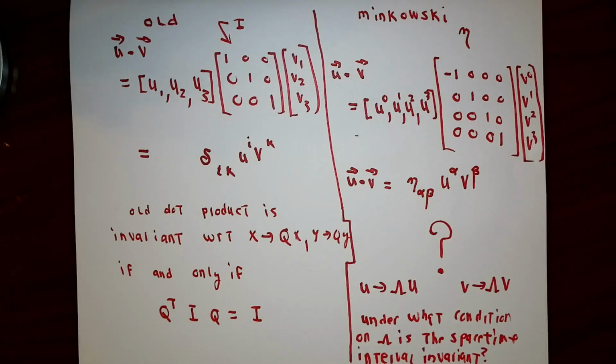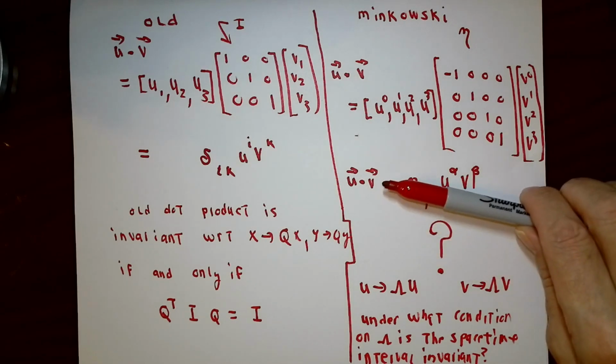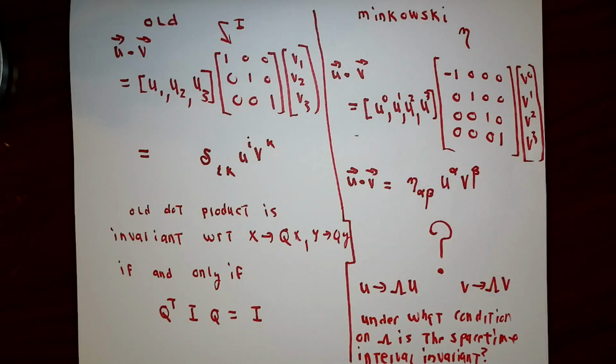I want to figure out under what linear transformations is the space-time interval going to be invariant, or to be more precise about it, the dot product being invariant.